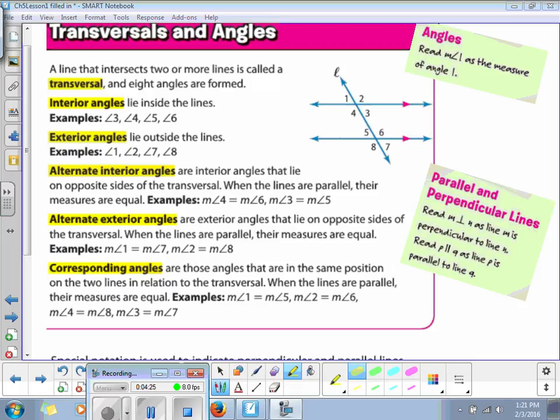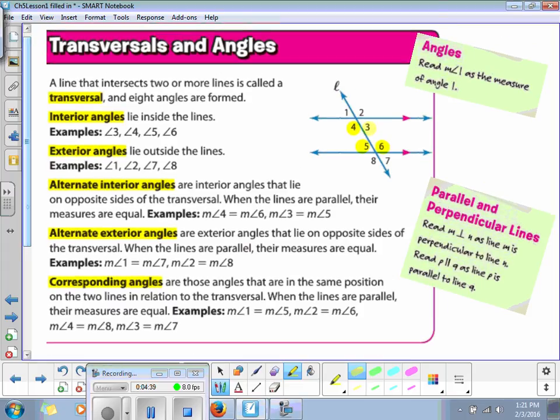Interior angles are the angles that are where? Inside, in between the two parallel lines. So here, angles 3, 4, 5, and 6 are the interior angles.